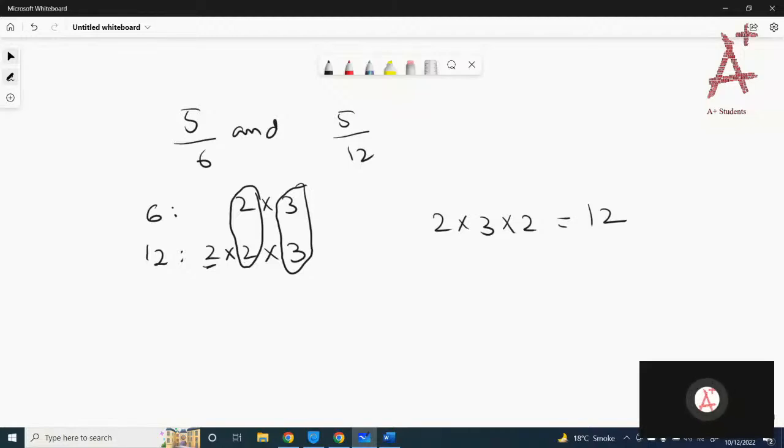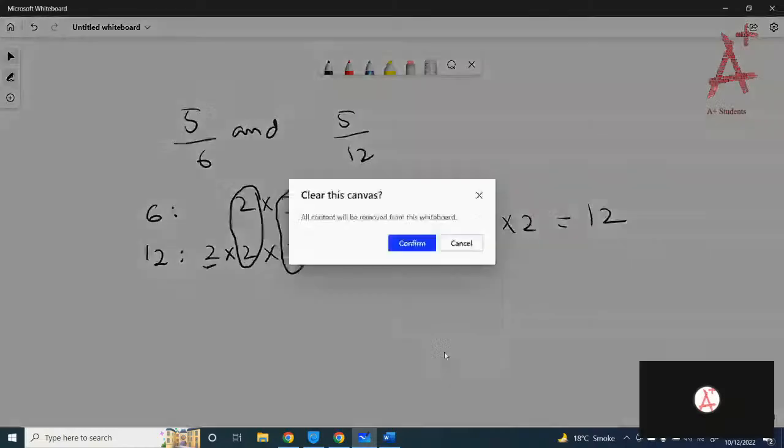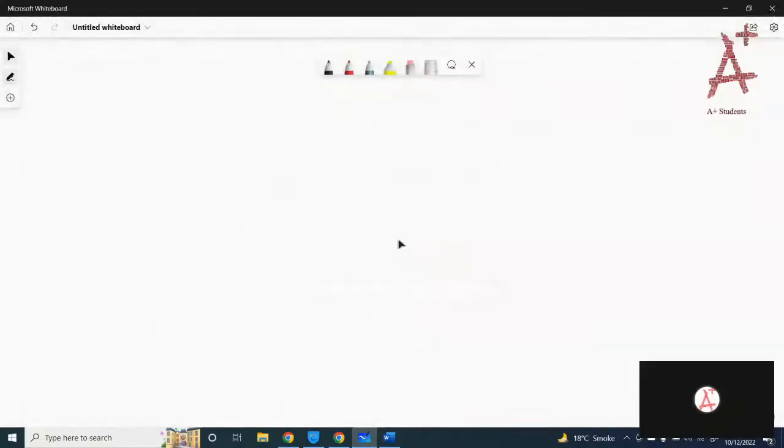Okay, the next one is, what is the least common denominator of 1 by 2 and 1 by 8? Just write the common prime factors of the numbers. 2 has 1 times 2, and 8 is 2 times 2 times 2.